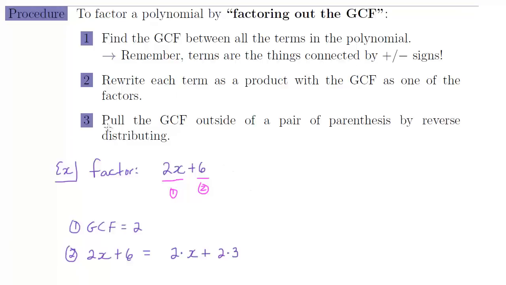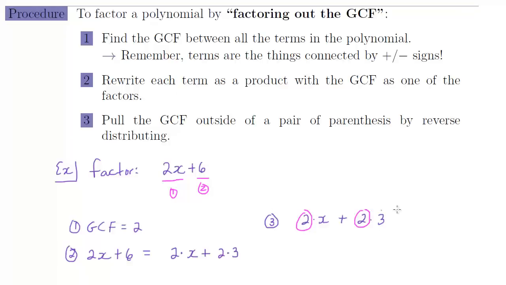Now step 3 says pull the GCF outside of a pair of parentheses by reverse distributing. So in step 3 you take this new form of your polynomial, 2 times x plus 2 times 3, and you reverse distribute. Right? You pull the GCF outside of a pair of parentheses. So this is the GCF.